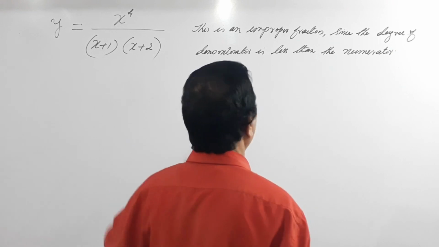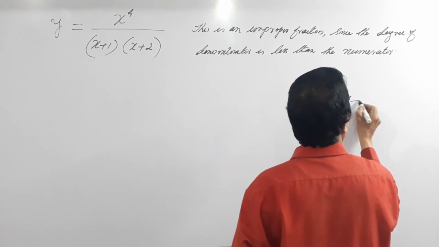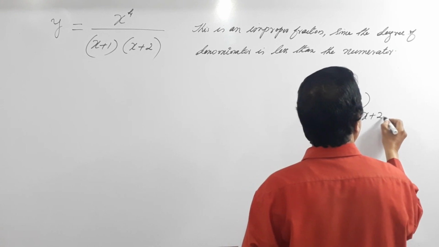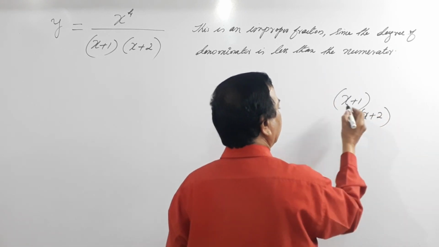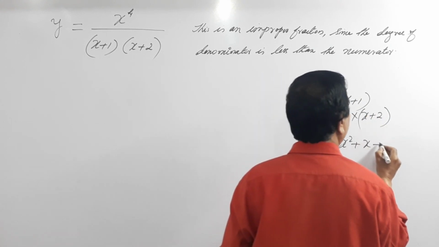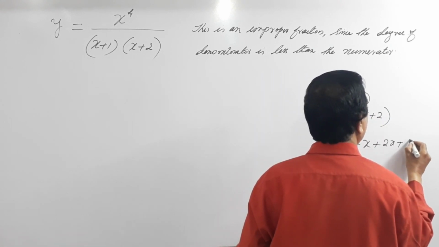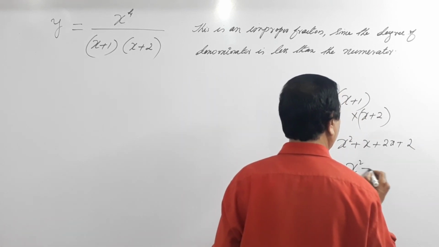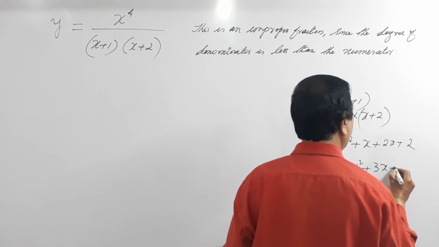What happens here? See, if you have x plus 1 into x plus 2, what happens if you multiply? This becomes x square plus x. So this will be 2x plus 2. So what happens? This is x square plus 3x plus 2.